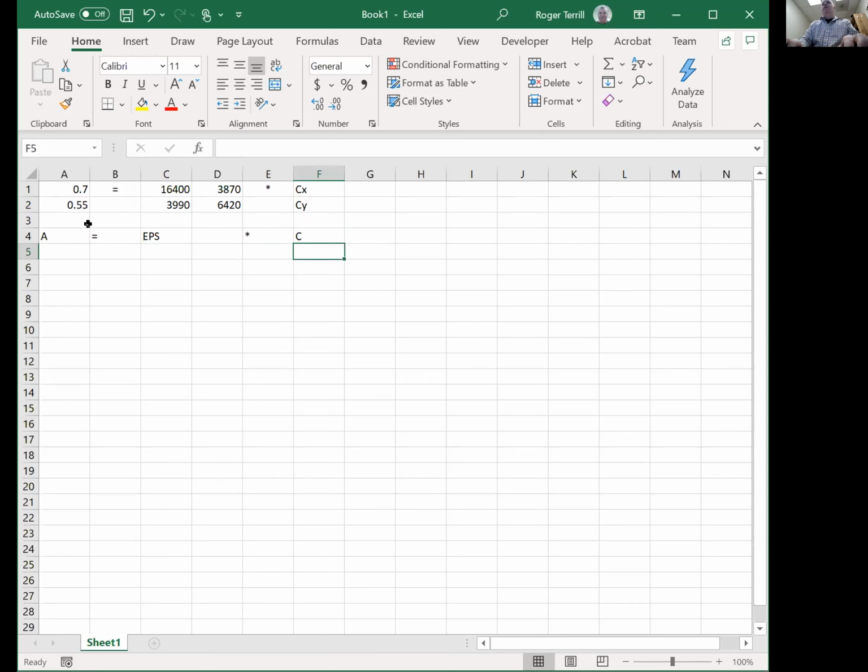And therefore, if there's an inverse to epsilon, then we can say that A times epsilon minus 1 will equal C. I think, or it could be epsilon minus 1 times A. I'm not exactly sure, but let's see if we can invert this matrix.